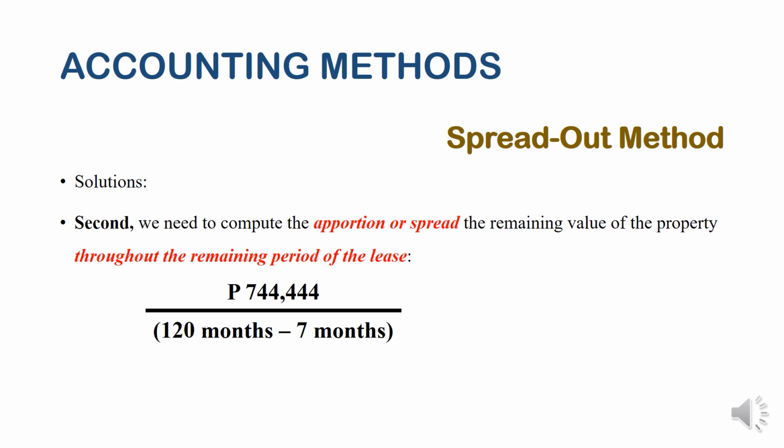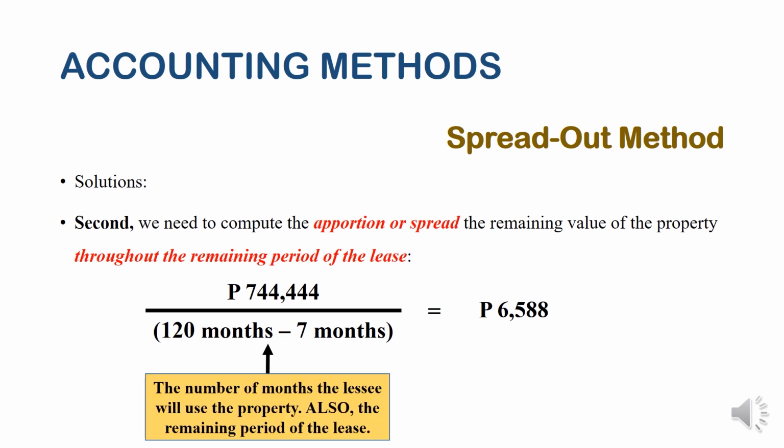Even though the lease contract is for 120 months, even though it's 10 years, the lessee can only use the improvement for 113 months, the remaining period of the lease, because 7 months have already lapsed. So our monthly spread or monthly income will be 6,588 pesos.